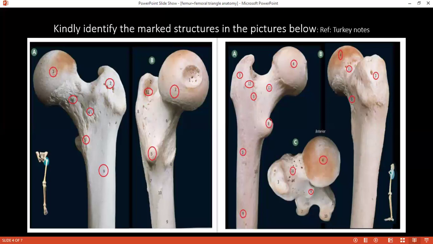Okay, so the depth of the acetabulum, the acetabular labrum, the muscles and the ligaments. And the angle of the neck of the femur as well. How much is it normally? Normally, I think it's 130. 130 degrees, yes. All right.